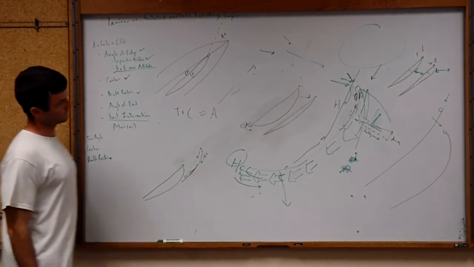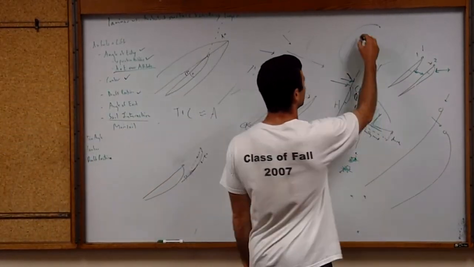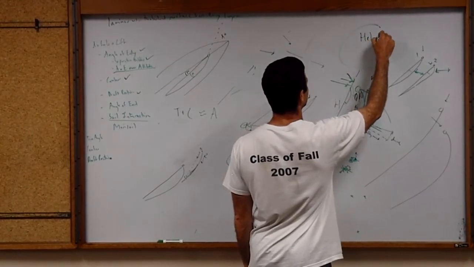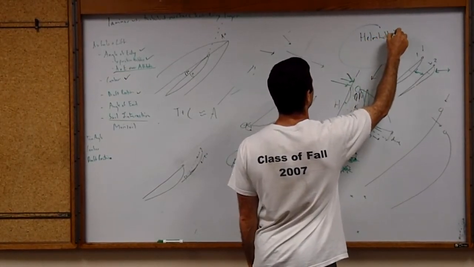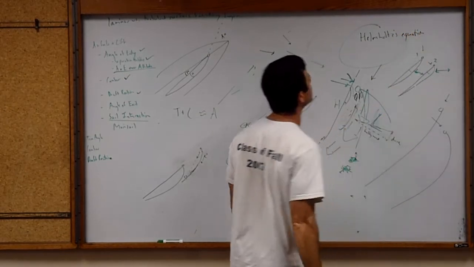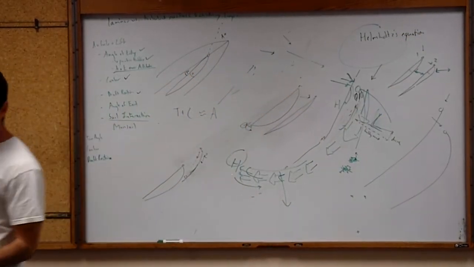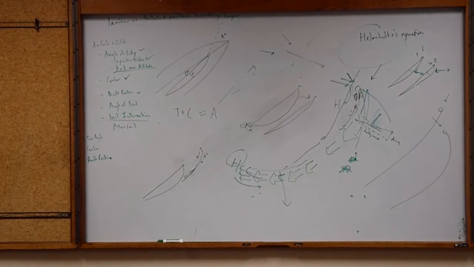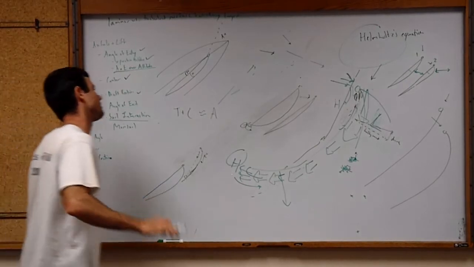There's a nice little equation called Helmholtz's, which holds that vorticity can neither be created nor destroyed. What does that mean?